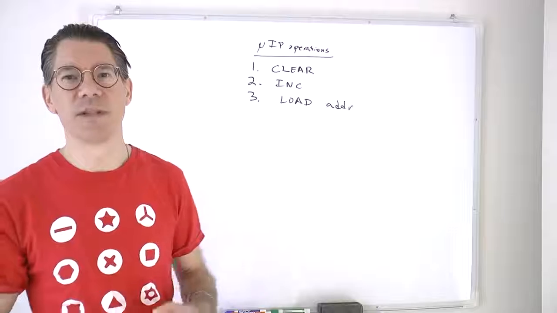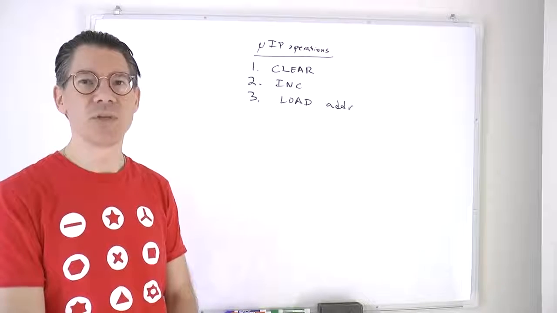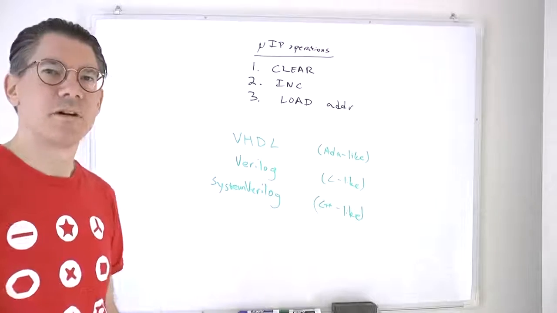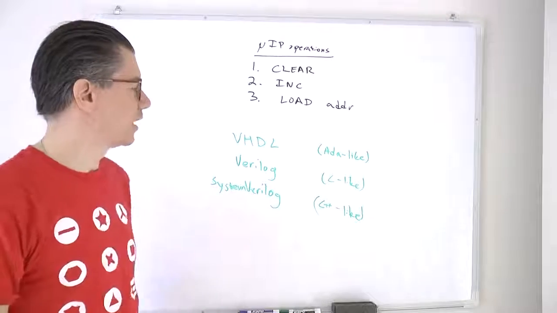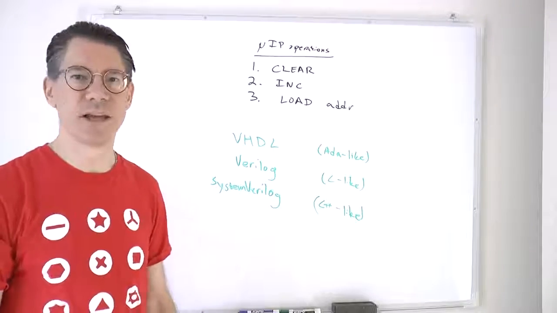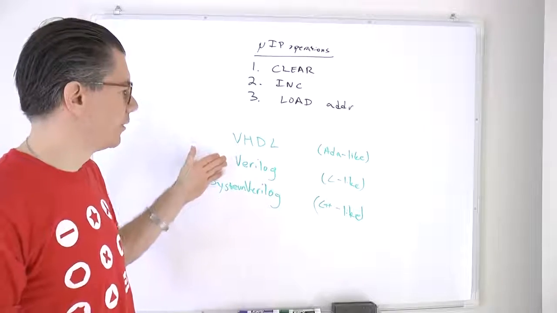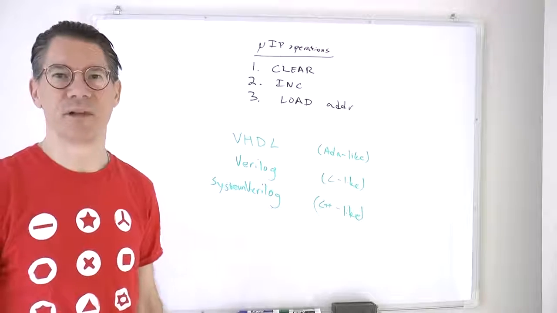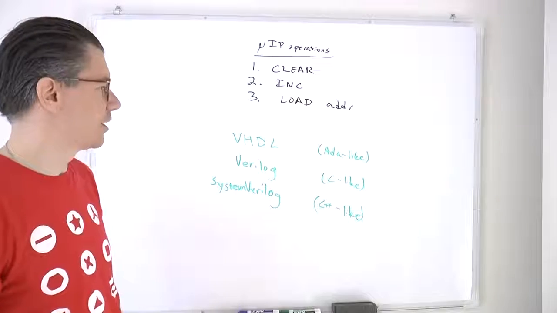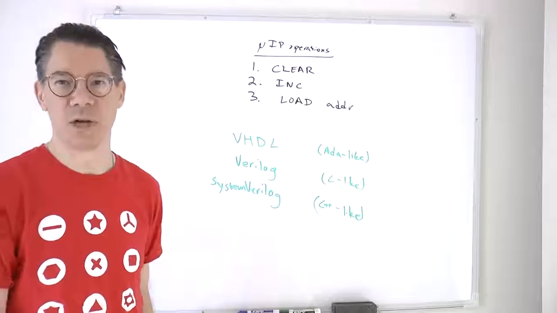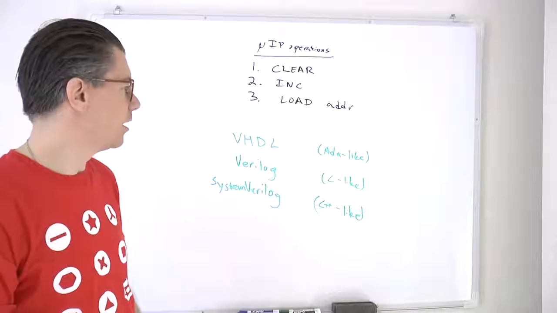There are several hardware definition languages out there. Which one are we going to use? So there are 3 major flavors of hardware description language. There's VHDL, there's Verilog, and there's System Verilog. And I've categorized them according to what kind of programming language they look like.